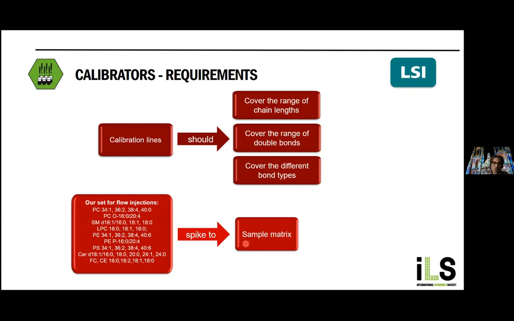And they are spiked to the sample matrix, for instance plasma, and this way we generate calibration lines, and we use them to calculate concentrations for similar species. If you spike that on the sample matrix, you have the advantage that you include matrix effects. You can somehow compensate for these effects, which you would not be able to if you used just a blank matrix.